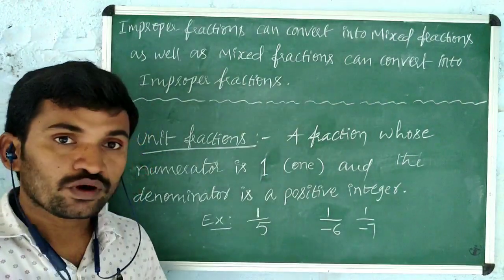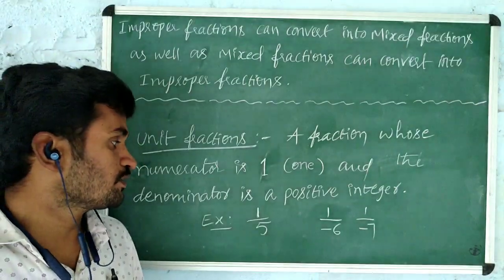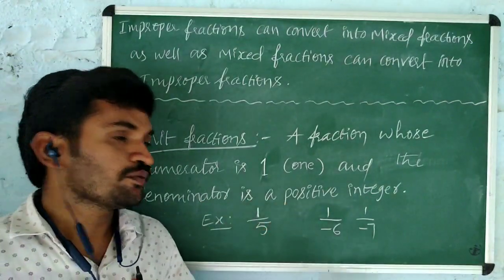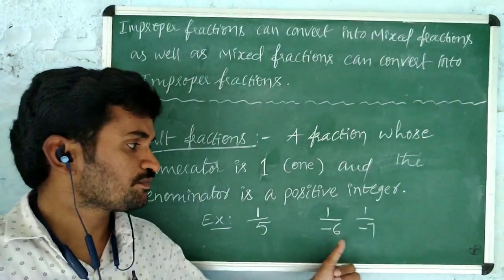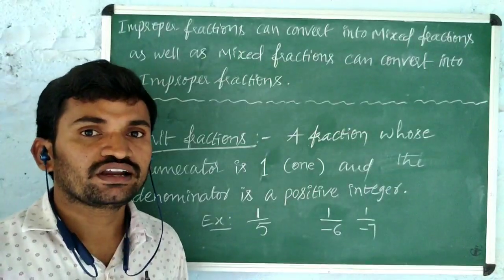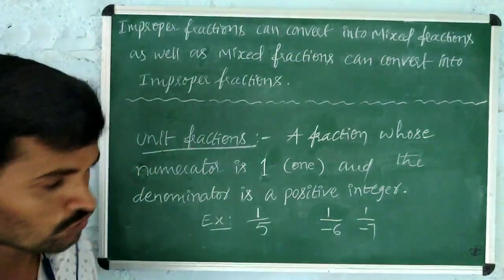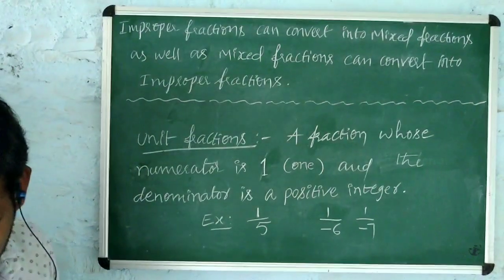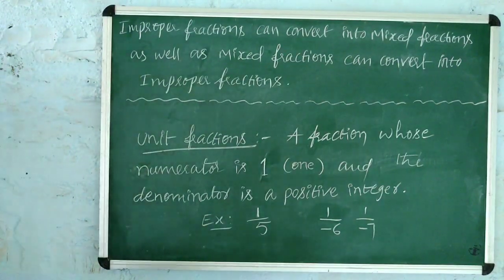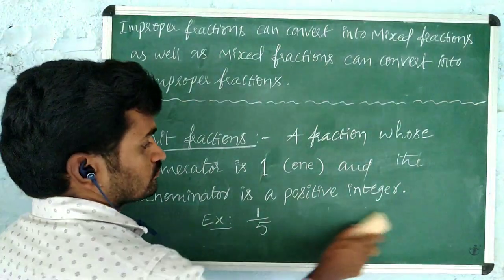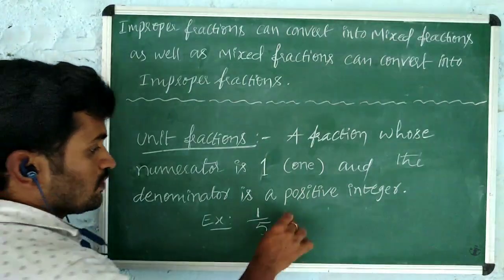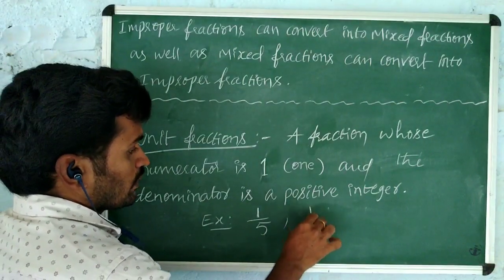Why? Because our definition is saying the denominator should be a positive integer. Here minus 6 is a negative integer, minus 7 is also a negative integer. So we should not take negative integers.